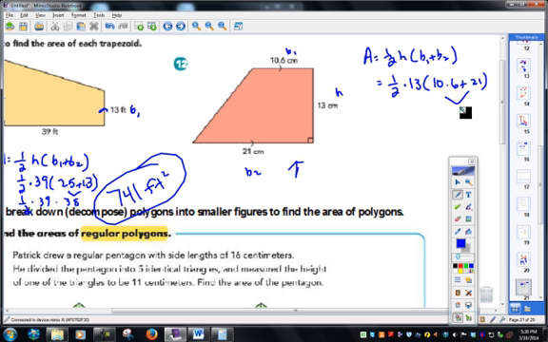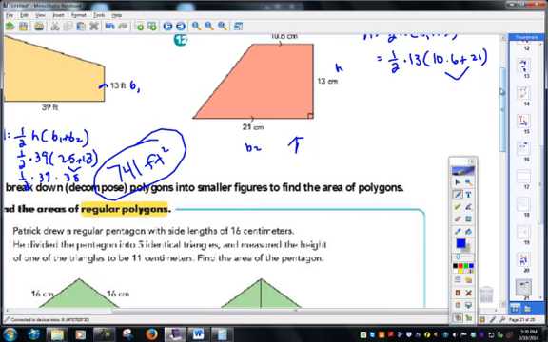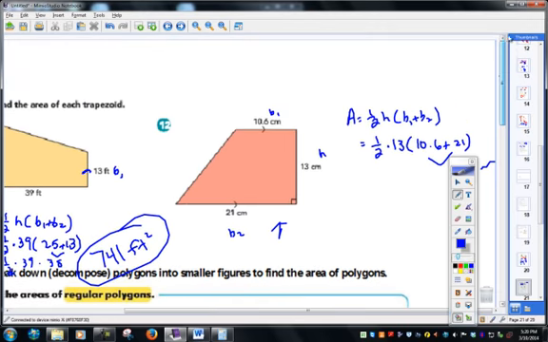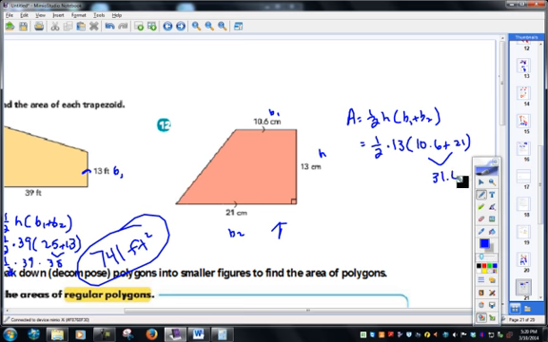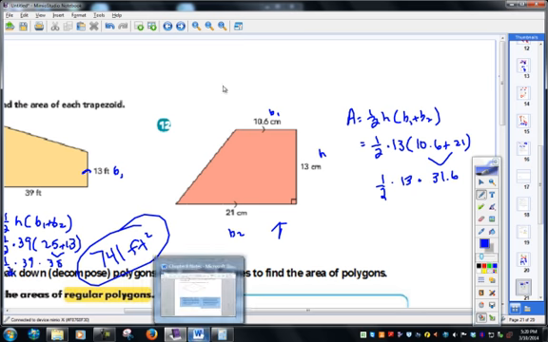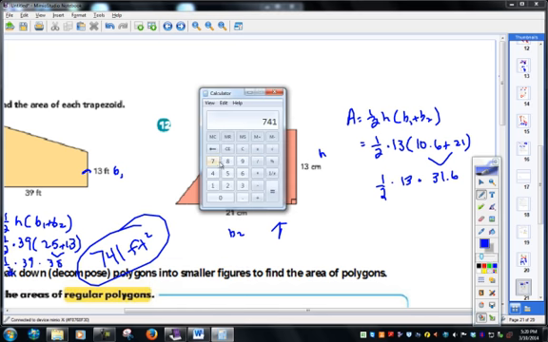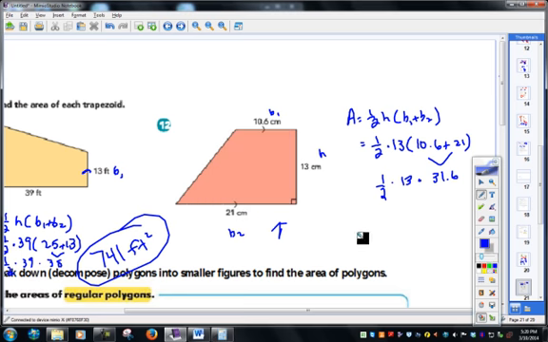Okay, this is going to give you 31.6, I think, times 13 times half, and there you go. Now you're ready to find the area, which is 0.5 times 13 times 31.6, bang, 205.4 centimeters squared. What does that mean?